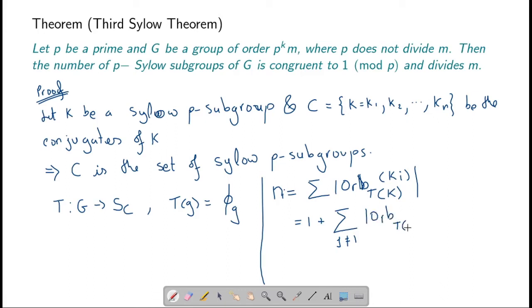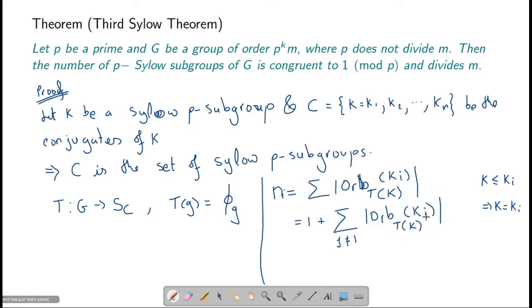Now, is it possible that any of these are 1? It is not possible, because if any of these is 1, it means that K is a subgroup of Ki. But this cannot possibly happen because they are Sylow P subgroups and hence have the same number of elements, which would mean that K is equal to Ki. But that is not true. K is equal only to K1. K cannot be K2, K3 or Kn. So none of these can be 1.